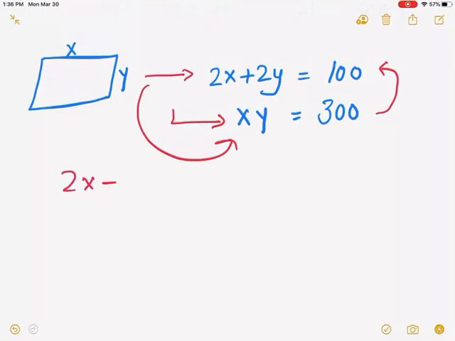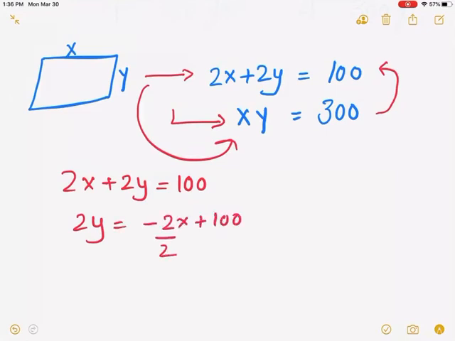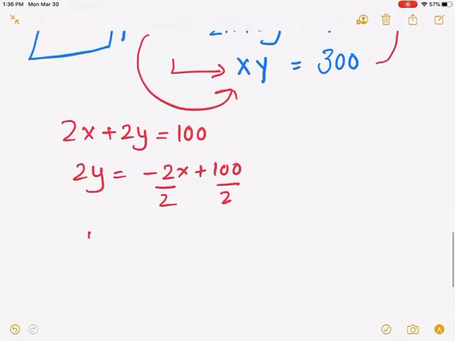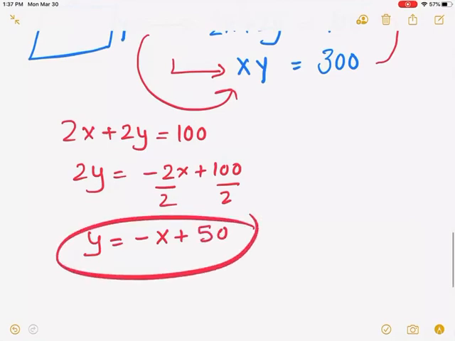I have 2x plus 2y is equal to 100. Let's solve for y, so I would take away 2x from both sides. Let's divide by 2. So y would be equal to negative x plus 50. Now this is what I need to plug into the second equation.